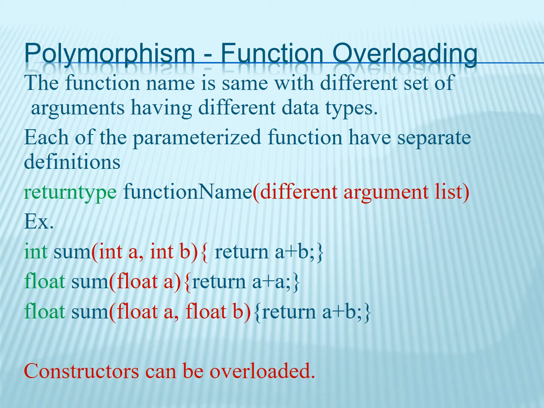Here you can notice the data type and the number of values in the argument list and the return value differ. The constructor in C++ can be overloaded. That is, the parameterized constructor can initialize the object in different ways.